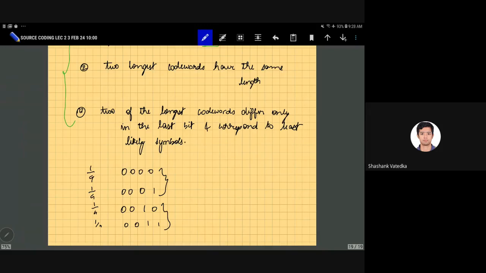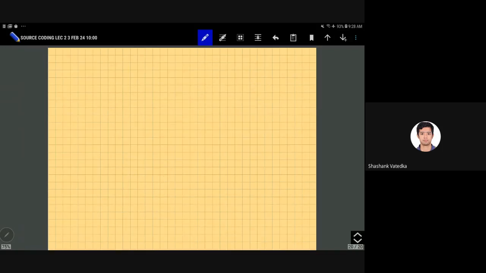It is canonical, but it is not optimal, because certainly another code has a smaller expected length. So this is an example of a canonical code which is not optimal. And it's indeed possible to construct an optimal code which is not canonical. So canonical does not imply optimal, and the other way around.